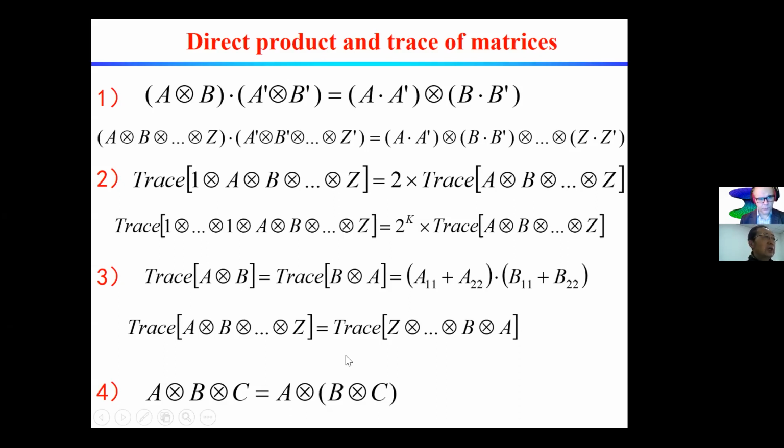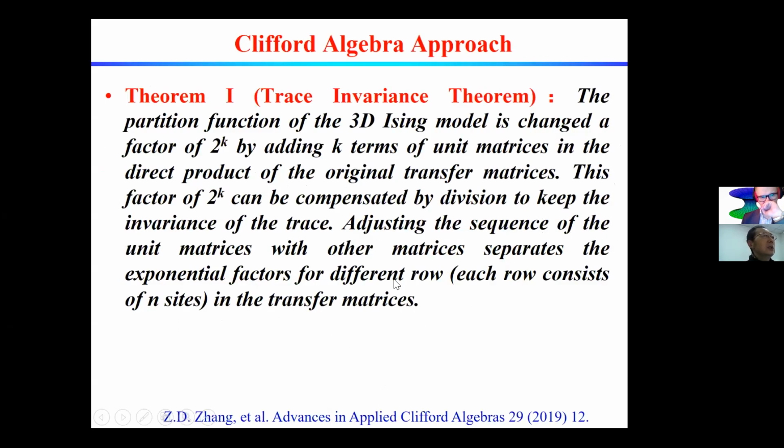And we can see if we interchange the position of the matrix in the trace, we have the same trace. So our first series is the trace invariance series.